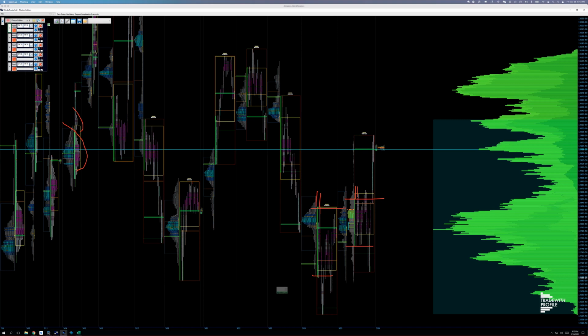So here's the idea. If the auction attempts outside of this first hour's range of trade and fails to accept outside of that range, returning back into that range, you can expect some healthy excursion. If the auction sustains outside of that range, it's likely you may not see it again that day.